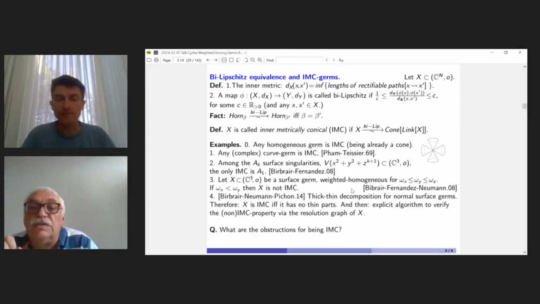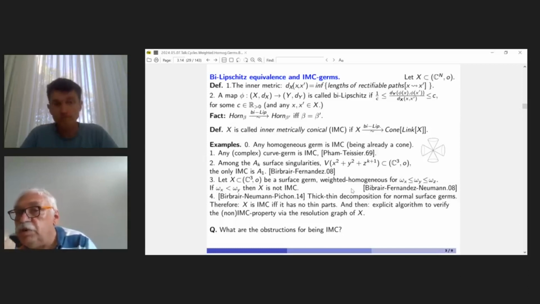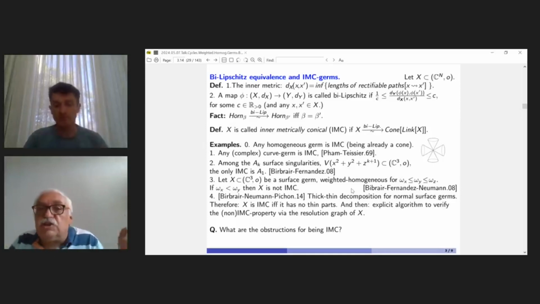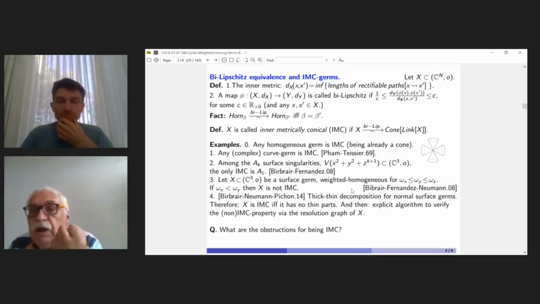I would like to emphasize something: when we speak about homogeneous singularities, then all of them are metrically conical, because this homogeneous structure, that means the radial direction, brings you the topological conical structure, and it brings you the metrically conical structure. Then to take the next step, the most simple after homogeneous, you have quasi-homogeneous, weighted homogeneous, where the topological conical structure is also given by the radial direction.